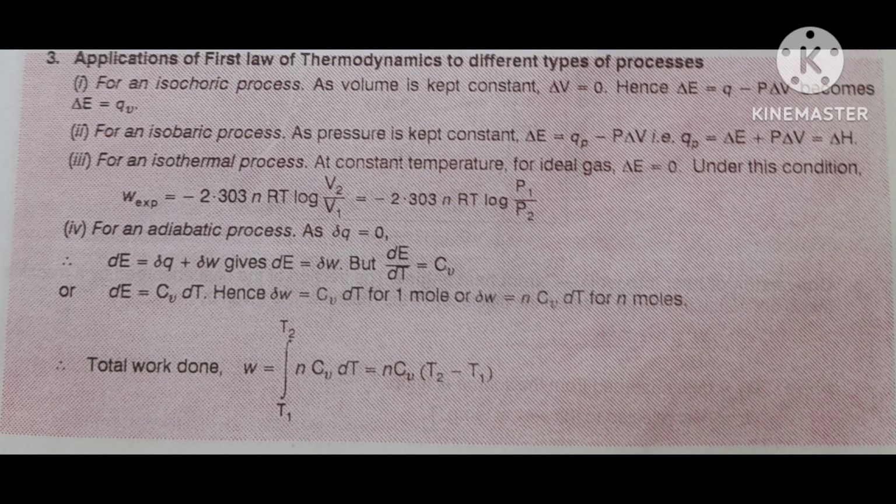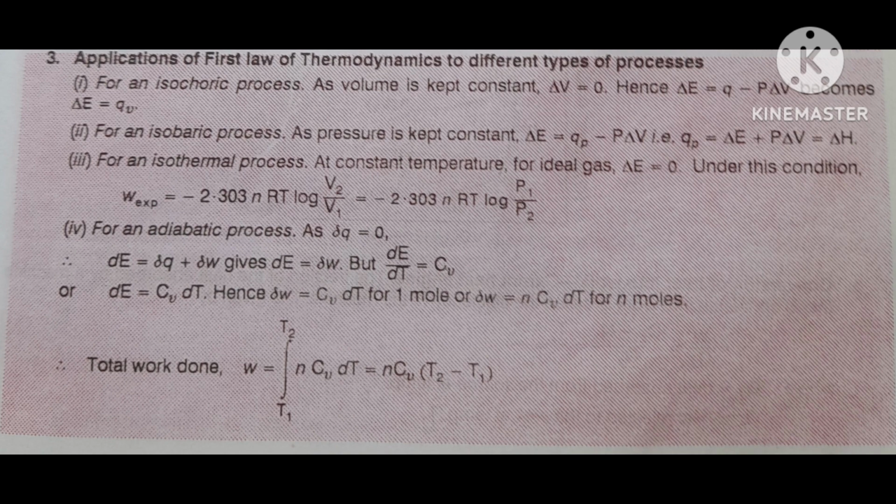W expansion is equal to minus 2.303 nRT log V2 upon V1, where n is the number of moles, R is the gas constant, T is temperature.